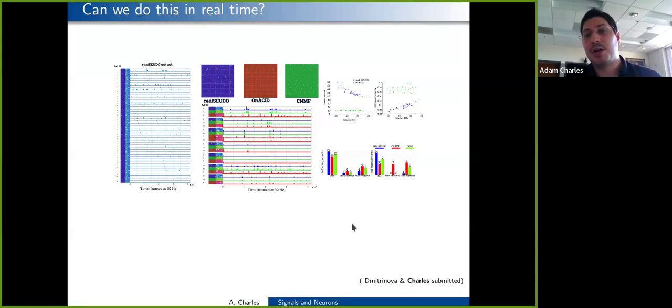We were running at approximately 80 to 100 hertz as opposed to their 20 to 30. As I mentioned, 30 hertz is already borderline because you still need to do all the other processing steps. This is submitted, and hopefully we'll release the bioRxiv and the code. This required a lot of fancy C++ to get this to work properly on a CPU, but we wanted it to be available even to people who didn't have a GPU.